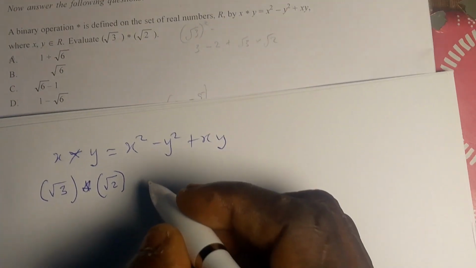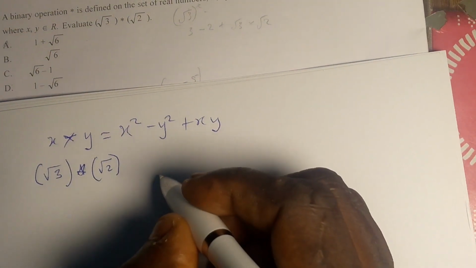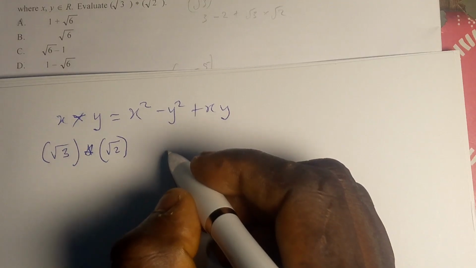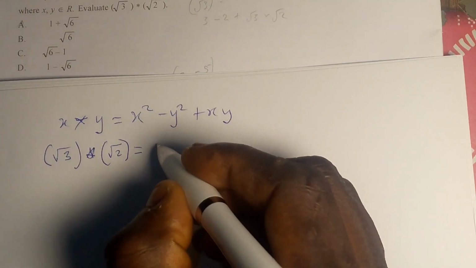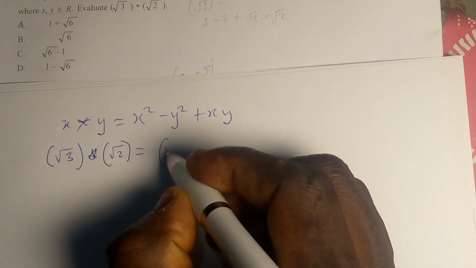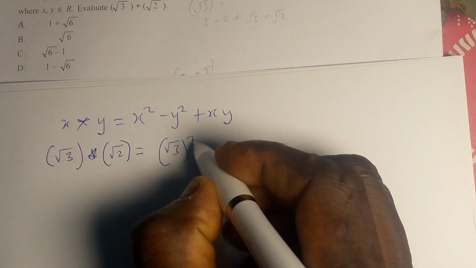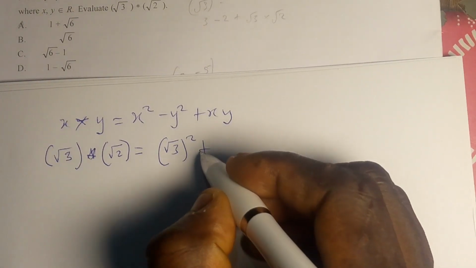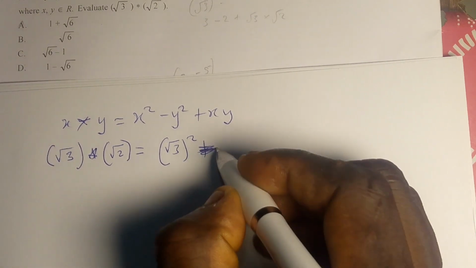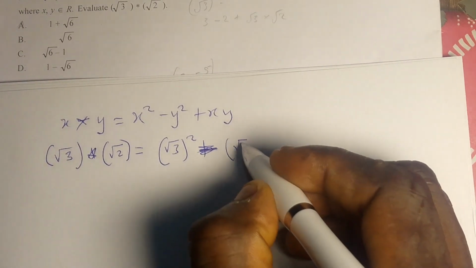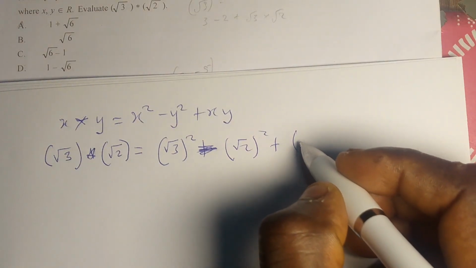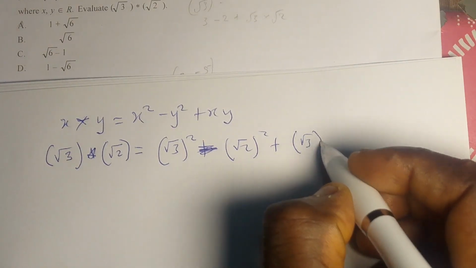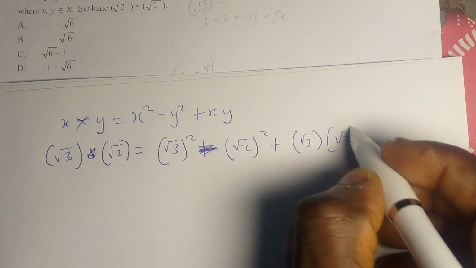Now let's substitute this into the operation and see if we can resolve and get the correct answer. So by substitution, we have root 3 all squared minus root 2 all squared plus root 3 times root 2.